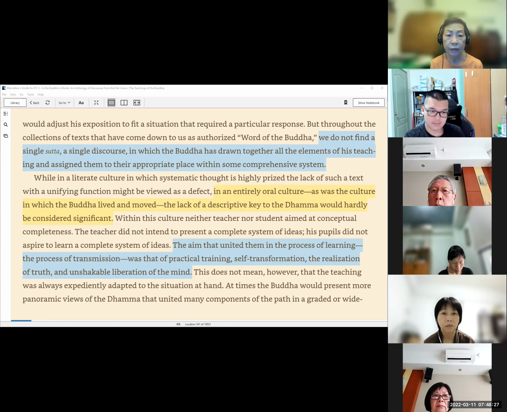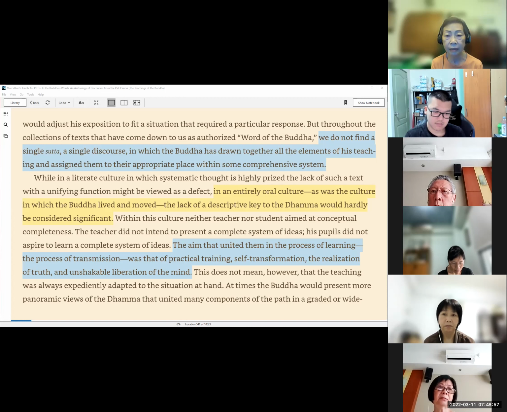The teacher did not intend to present a complete system of ideas. His pupils did not aspire to learn a complete system of ideas. The aim that united them in the process of learning, the process of transmission, was that of practical training, self-transformation, the realization of truth, and unshakable liberation of the mind.